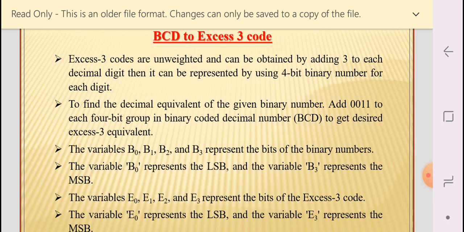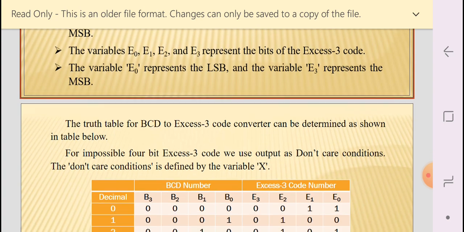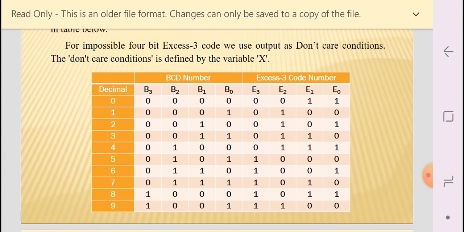That is 0 0 1 1, because you have to add 3. Simple. Suppose it is 8, then you add 3 to get 11 and convert it into the binary number; that is the XS3. Look at this table, you can understand better.